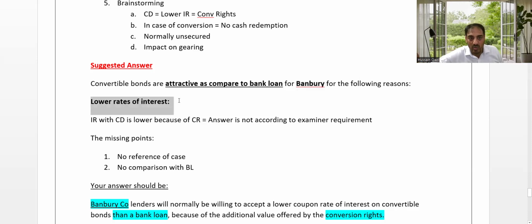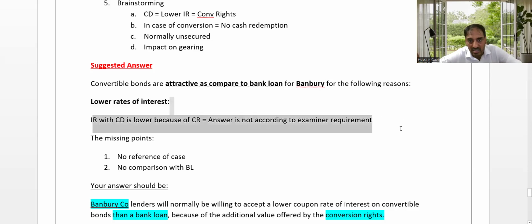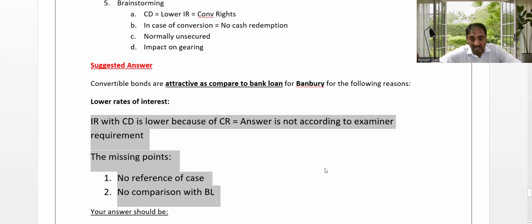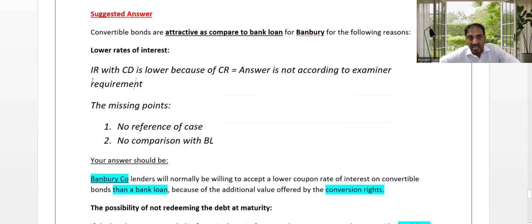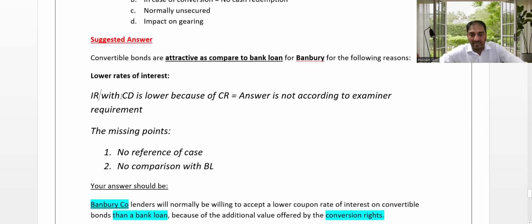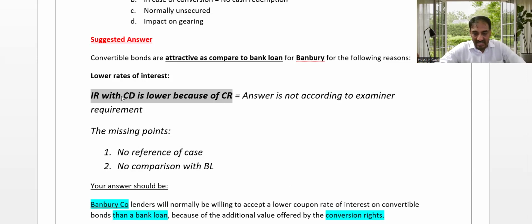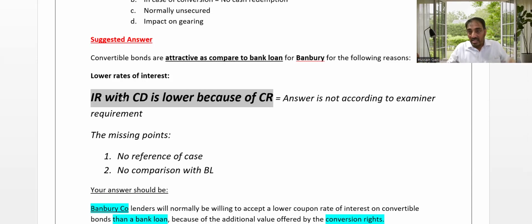Number one, the first point, lower interest rate. If someone only mentions, now listen, I don't prefer this answer. This is not up to the mark. If someone mentions interest rate with convertible debts is lower because of conversion rights, this answer is okay, right?